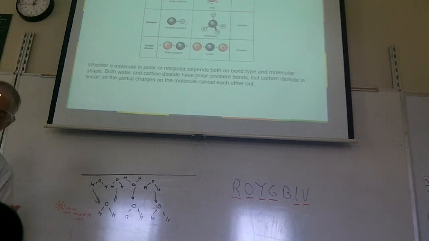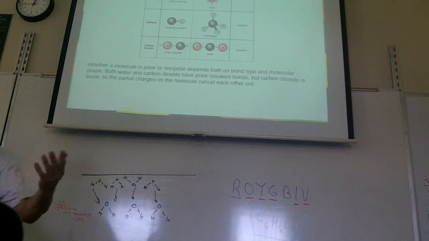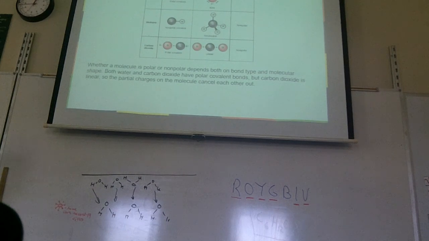There's no one part of the molecule that has the electrons closer to it than the other. So that's basically the difference between polar and nonpolar. Often it has to do with the shape of the molecule. If it's a straight molecule, like carbon dioxide, it's going to be nonpolar. If it's a bent molecule, like water, it's usually polar.